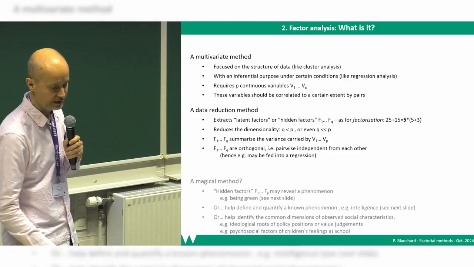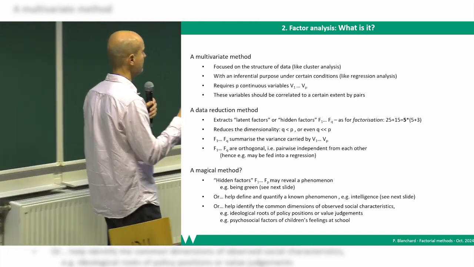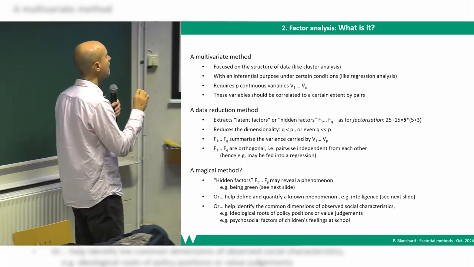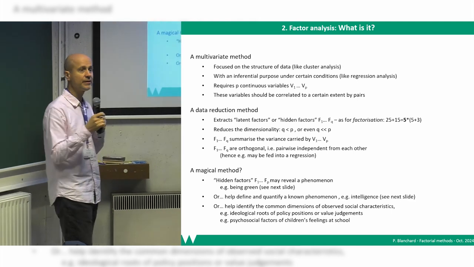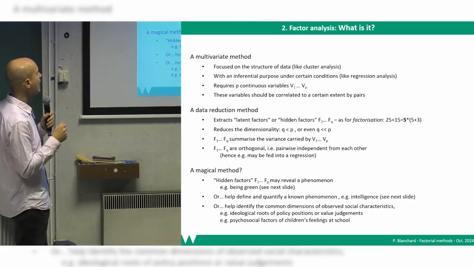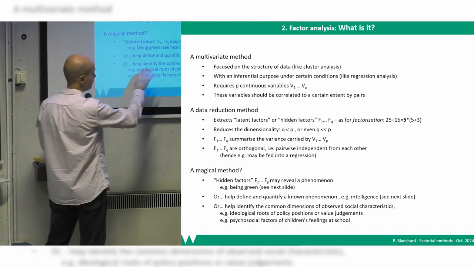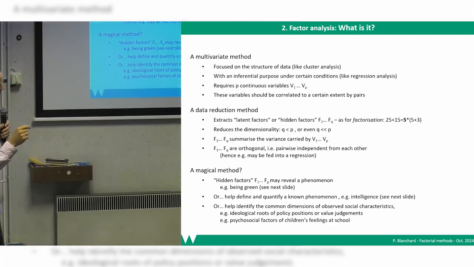We don't always keep this orthogonality at the end of the process, but we start with that. Okay. Is it a magical method? Okay, that's a quick formulation to say that hidden factors may reveal something that is really expected by theory, or it can help define and quantify a known phenomenon. I'll come to that example later.